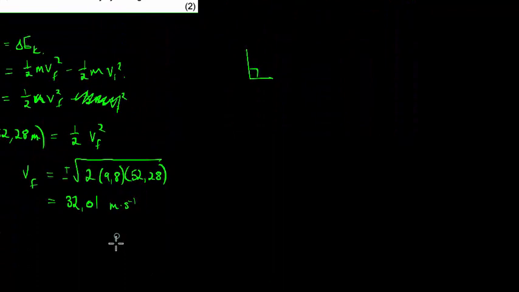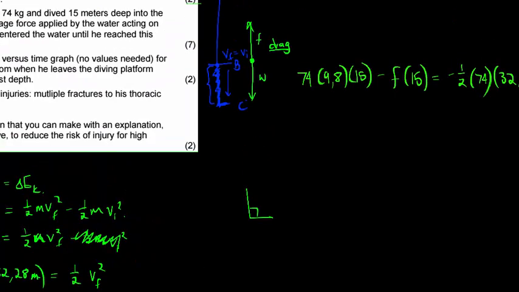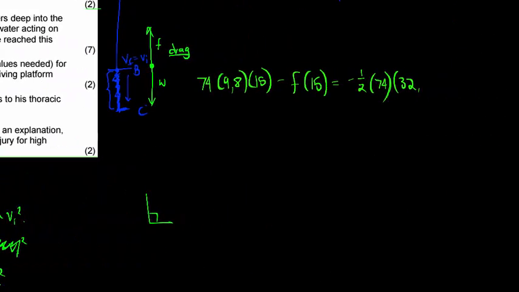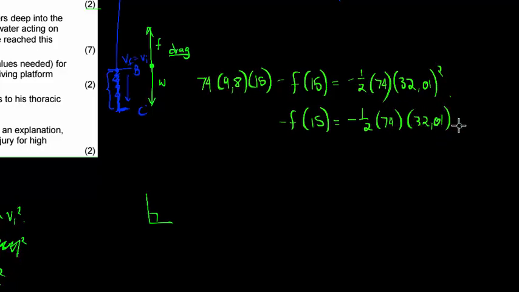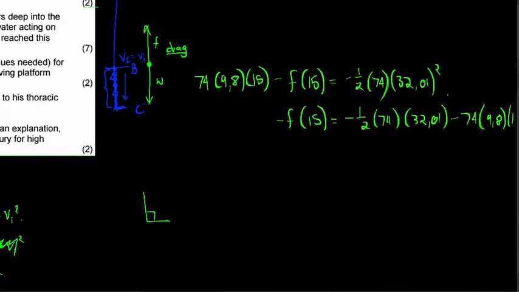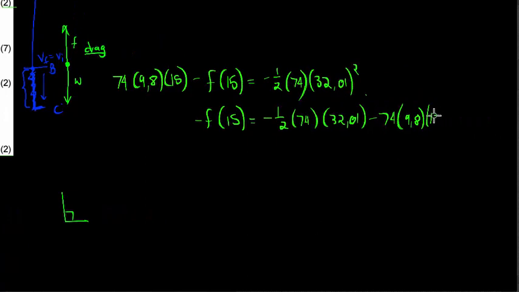In the previous question we had the velocity, 32.01 squared. So we get negative F times 15 is equal to negative 1,274, 32.01 minus 74 times 9.8 times 15. Okay, so F is equal to that answer.